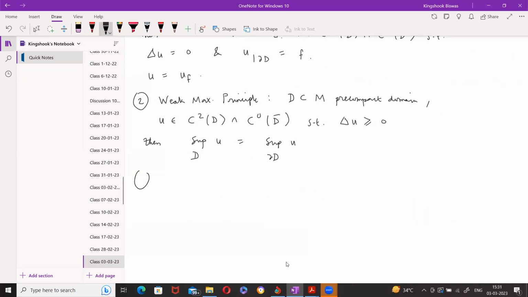And so then the harmonic measure is actually a family of measures on boundary D. So suppose D is pre-compact and boundary D is C3.